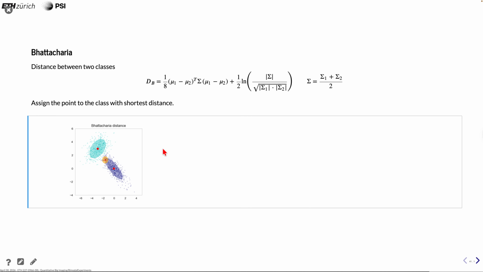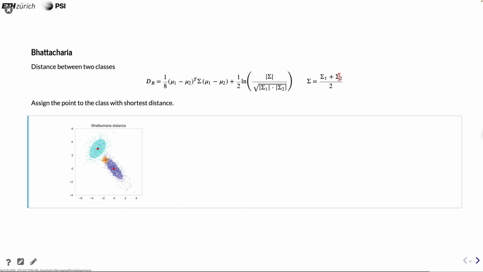One further is the Bhattacharya distance, which is again looking at the covariance matrix, but not only that, it's actually looking at the covariance matrix of the trained data and of the data of the measured point.